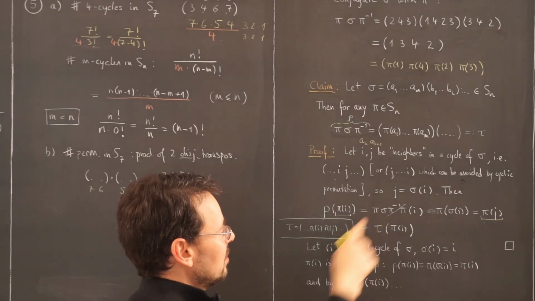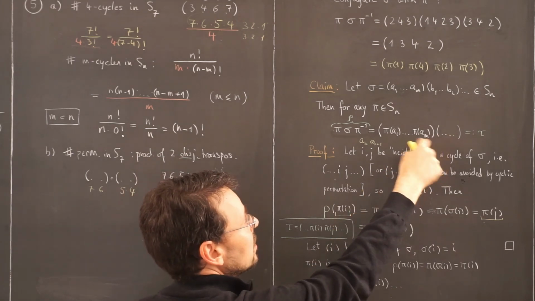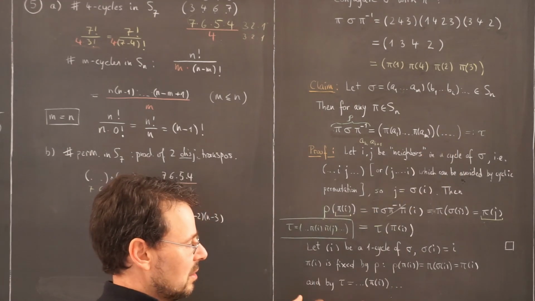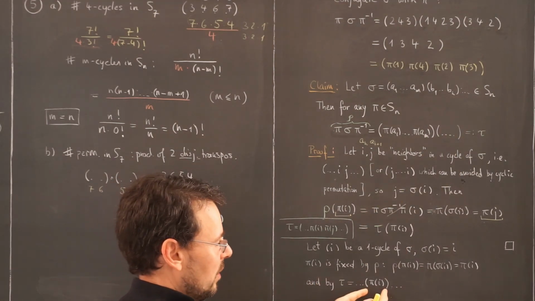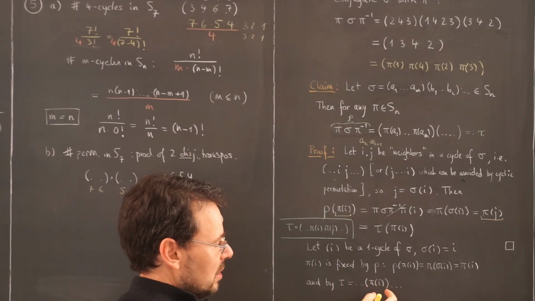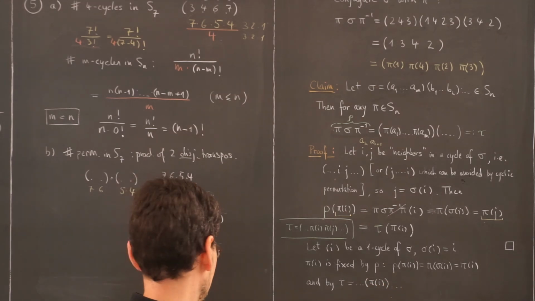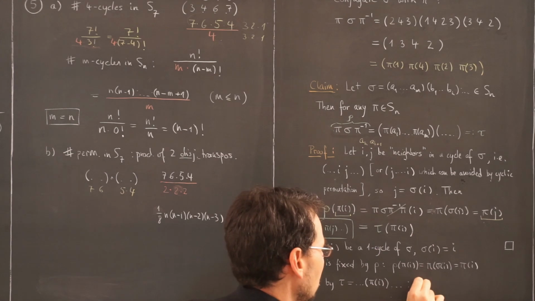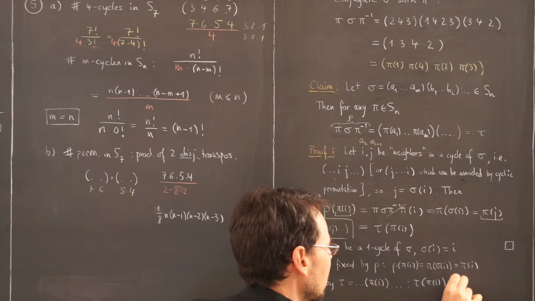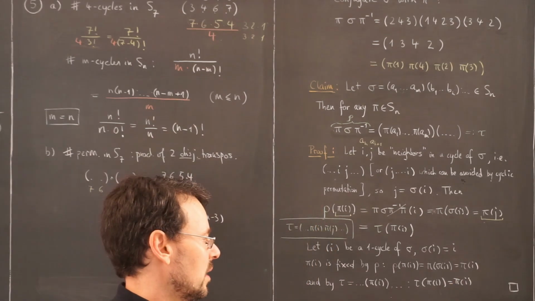The right-hand side, by definition, if here we have a one cycle in sigma, then tau is defined as containing the one cycle pi of I. Now if I plug in pi of I into this one cycle here, obviously it does not get moved as well. So I have tau of pi of I is pi of I, and now we are really done.